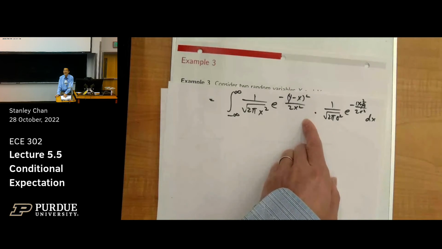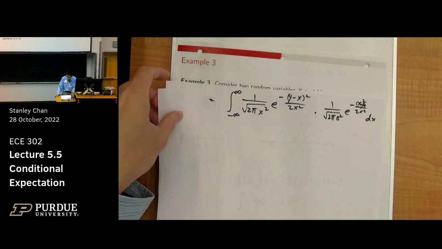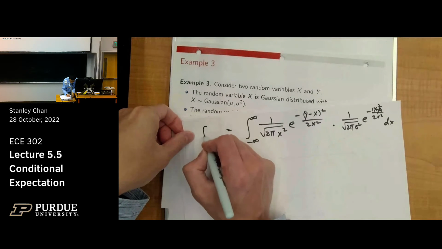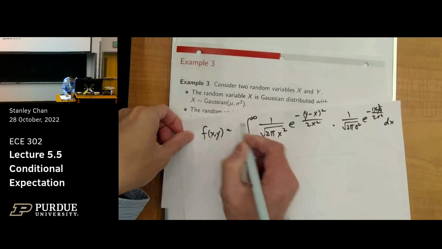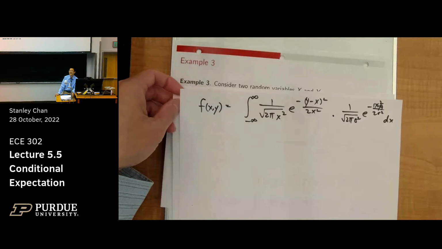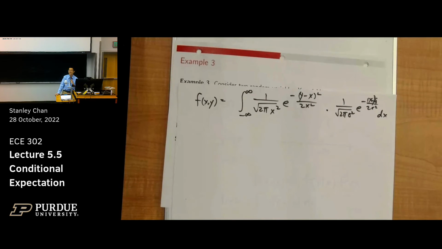Okay. Any comment on that? Oh, this is not yet the answer, because we're trying to find f of x,y. This is the joint. Okay, great. Okay, so I convinced you that this is not a good path to go for.